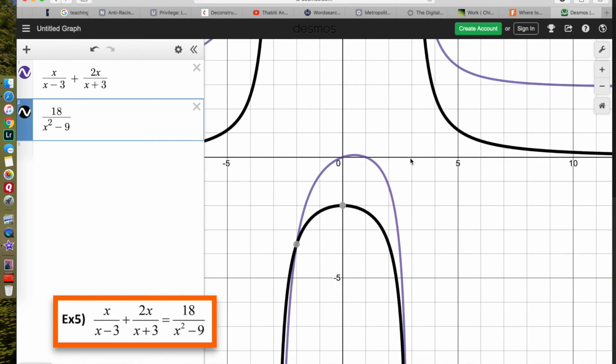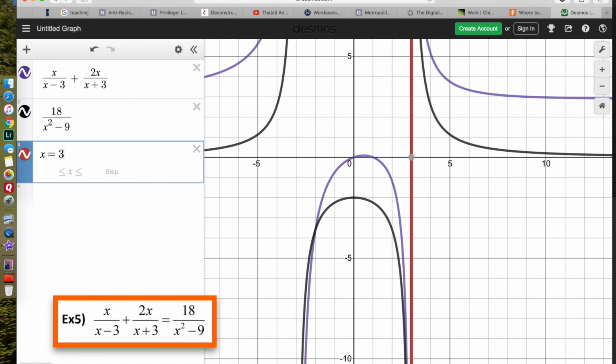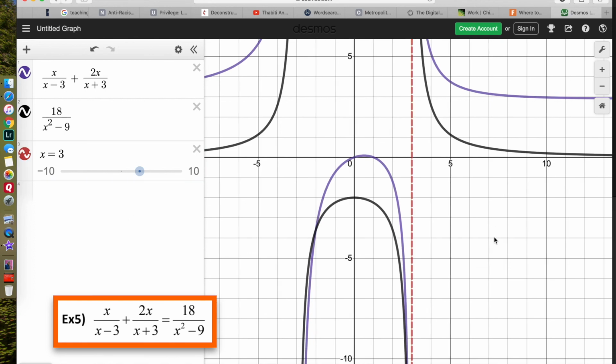If you're ever not sure about an asymptote, what you can do is graph x or y. So x equals is a vertical asymptote and y equals is a horizontal asymptote. So if I did x equals 3 here, I can even change it to be a dotted line if I like that for asymptotes.